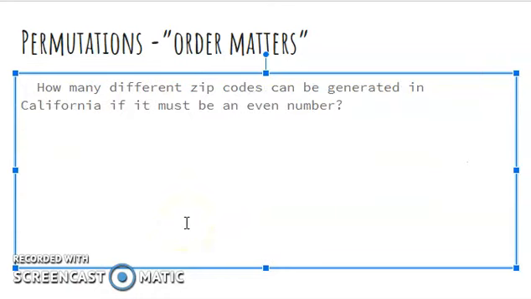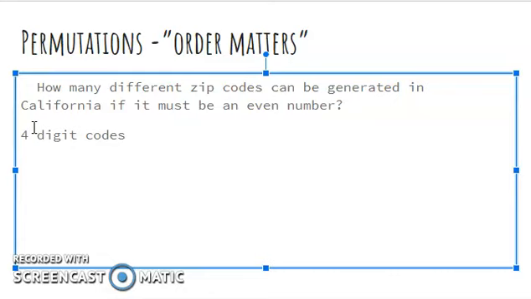So the next problem for permutations is how many different zip codes can be generated in California if it must be an even number. What we know about zip codes, we'll assume that they're 4-digit codes, so that means they're 4 numbers. Now, if you remember, the condition for a number to be even is that the last digit has to be an even number.